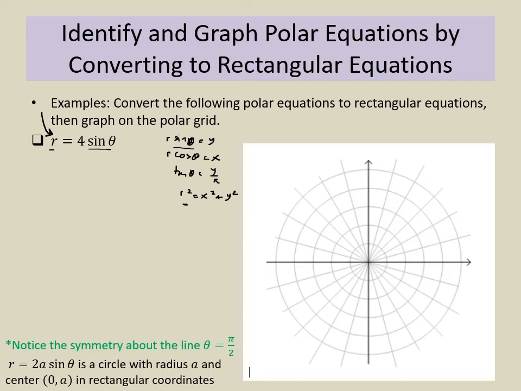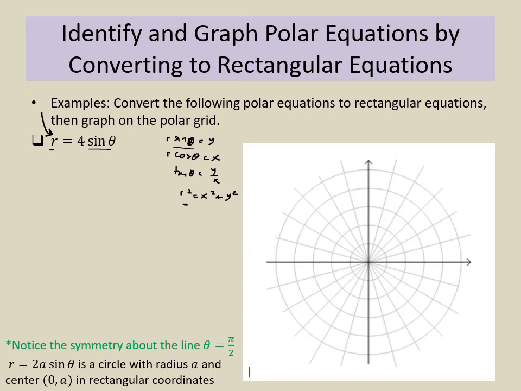So what can we do? I would recommend that you see what you can do to both sides of this equation in order to convert it to x and y, and then continue. What kind of equation is that going to be? What does that give us? Pause the video, do as much as possible, and then play it again.